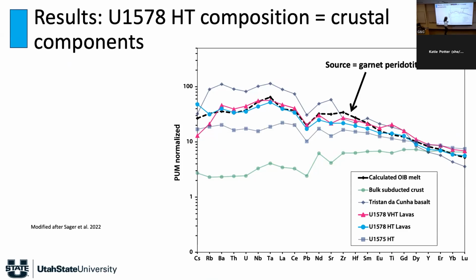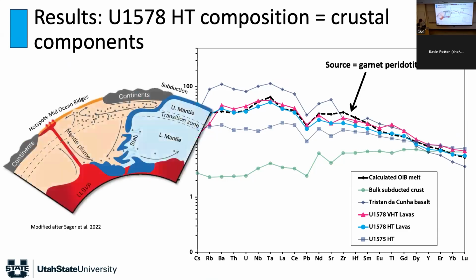So low degrees of partial melt can replicate some of the trends that we see in our incompatible elements and those more compatible elements. And one mechanism for doing this is incorporating continental derived material. This is basically sediment from the continental crust that's pulled down during subduction and then pulled into the mantle plume.